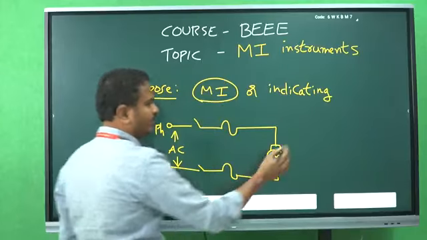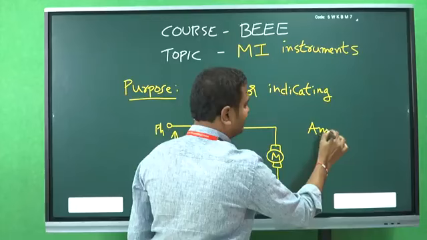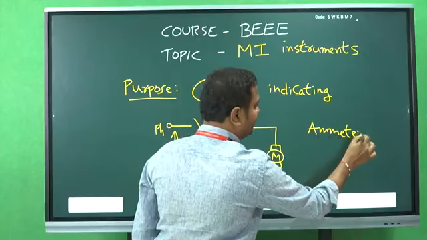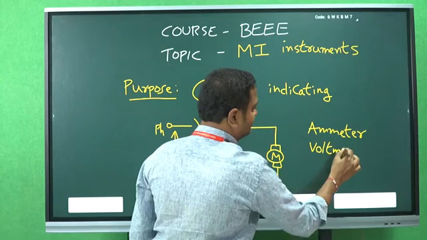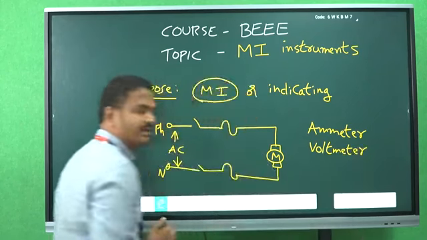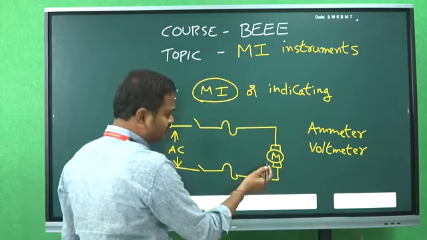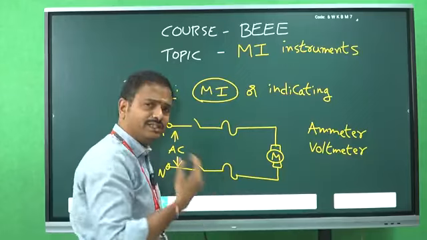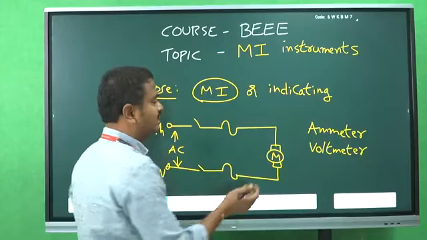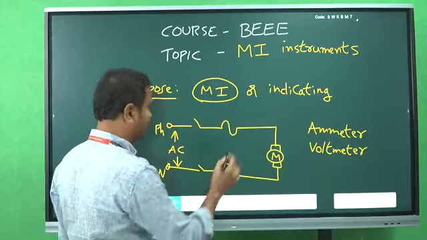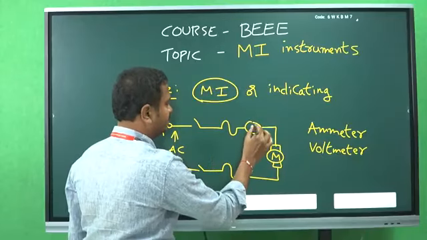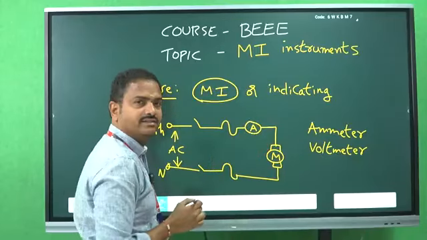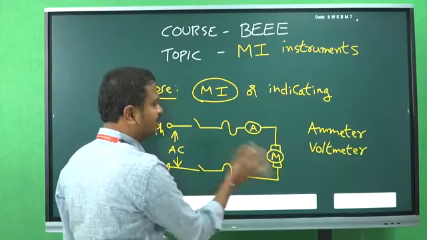For example, if we want to measure current, then we need an MI ammeter, and if we want to measure voltage, then we need a voltmeter. Clear? If we want to measure the current through the motor, we have to connect the ammeter in series with the motor.